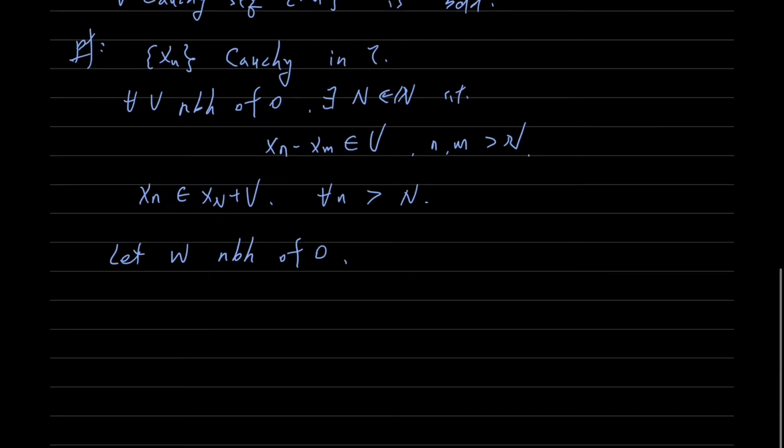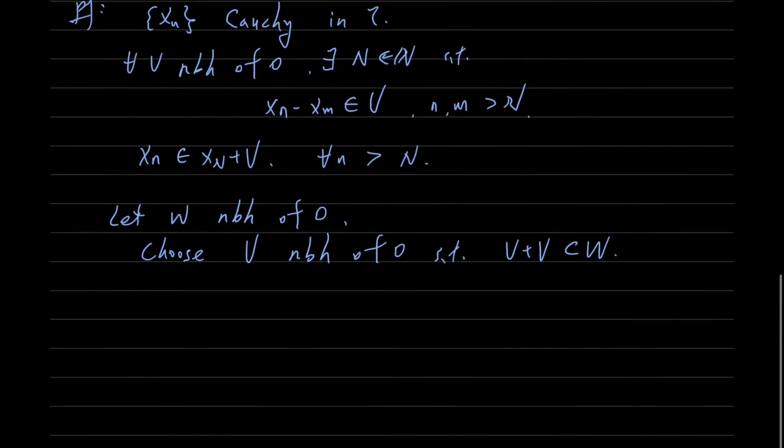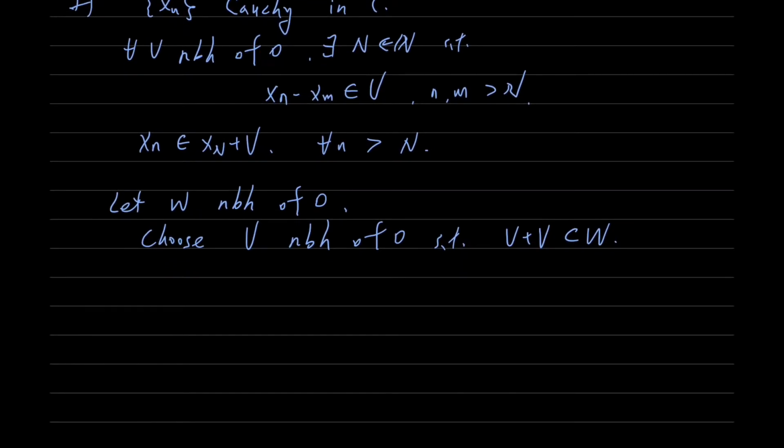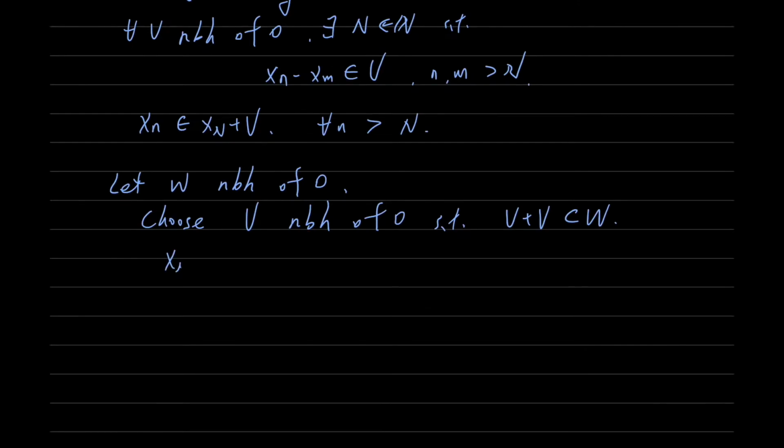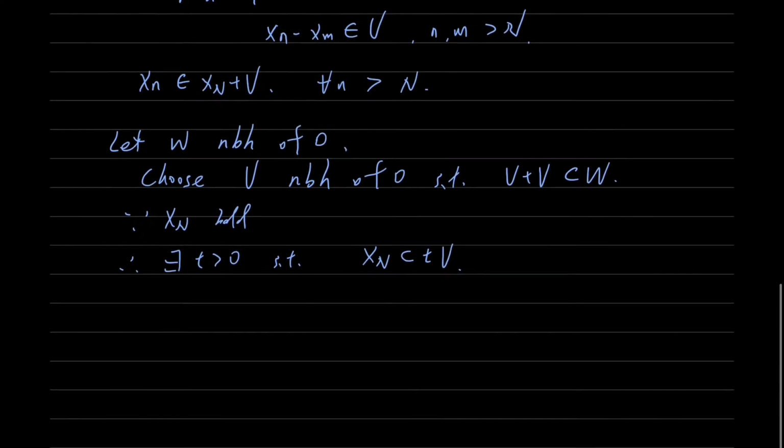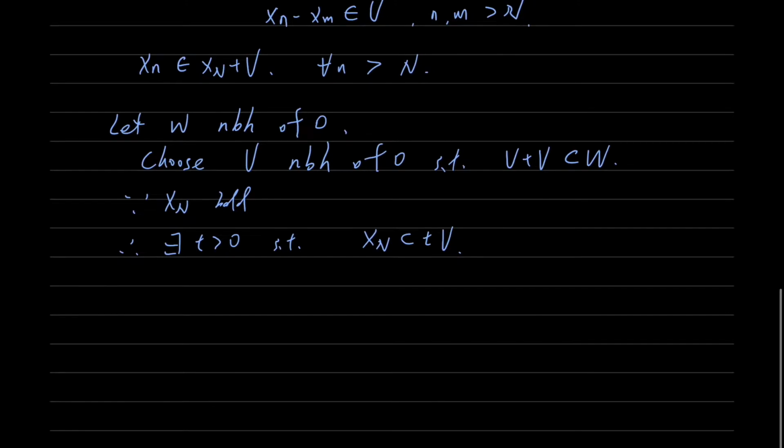What we do is we choose V, a neighborhood of 0, such that V plus V is inside W. Then because every single point is bounded, there exists t such that x_N lies inside tV.